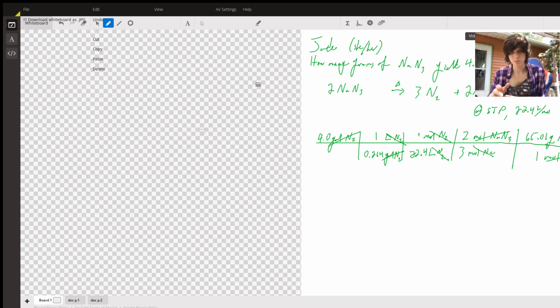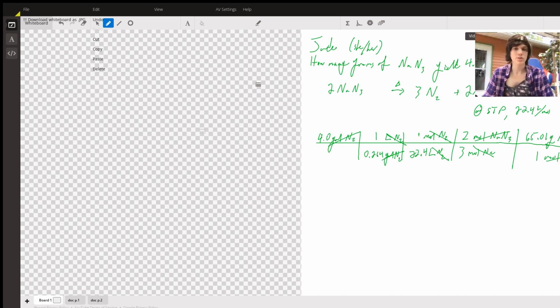The 1/x will take the reciprocal of that, so I can just multiply the top now. 4 times 2 times 65.01. And that gives me, as a final result, 29.32 grams of NaN3. So we need that many grams of NaN3 to get 4 gallons of N2 gas, right?